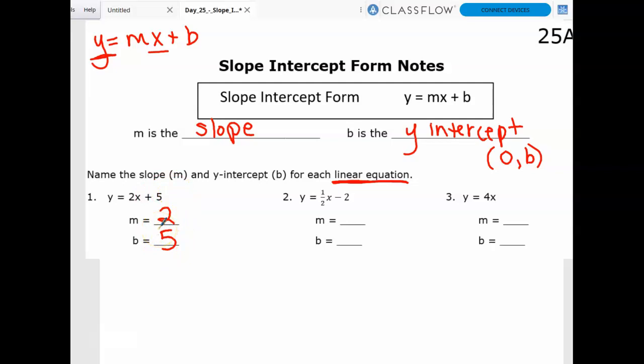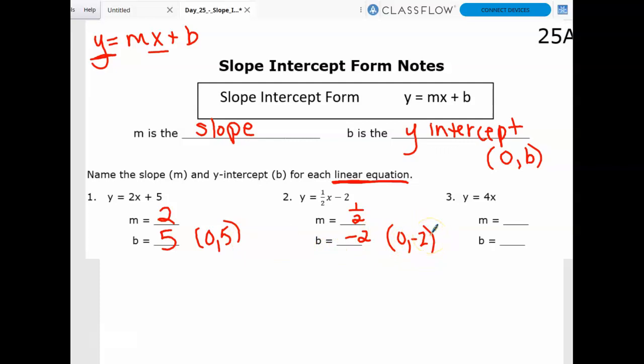As long as we're in slope-intercept form, it's really easy to pull out the slope. Number 2, the coefficient before the x is 1/2, and the constant here is -2. That would be the b, the y-intercept. And remember, the y-intercept is really an ordered pair, (0, 5), and this one (0, -2).